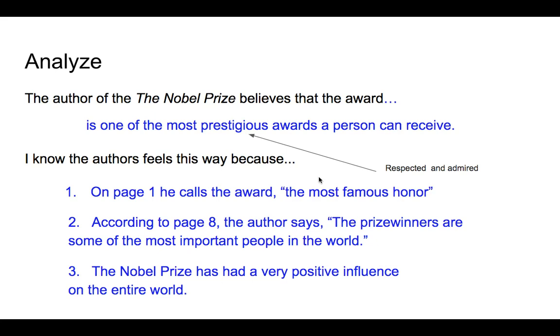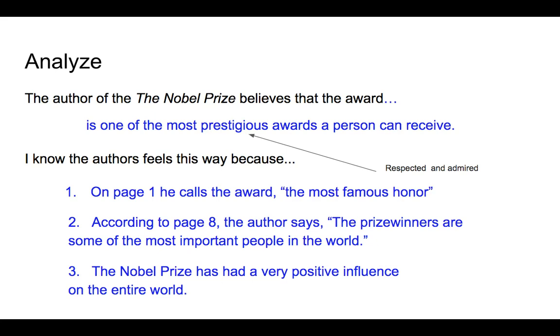When you go to read your piece of text to determine the author's point of view, make sure that you find 3 pieces of evidence to back up what you believe is the author's point of view. Now, after reading this, my point of view is very similar to Mr. Russell's. He has fully convinced me that the Nobel Prize truly is an honor to receive.